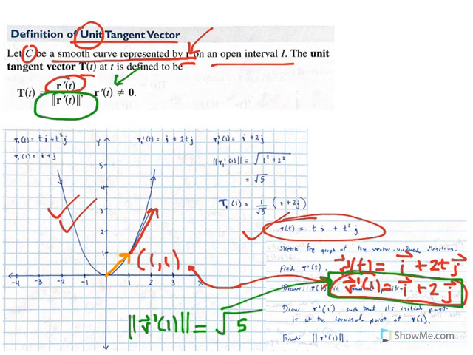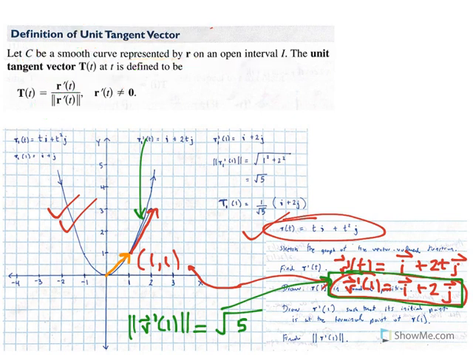So how do we make this tangent vector have a magnitude of 1? We're going to multiply the vector r prime of 1 by the scalar 1 over the magnitude of r prime of 1. And that is exactly what is stated in this definition of the unit tangent vector.